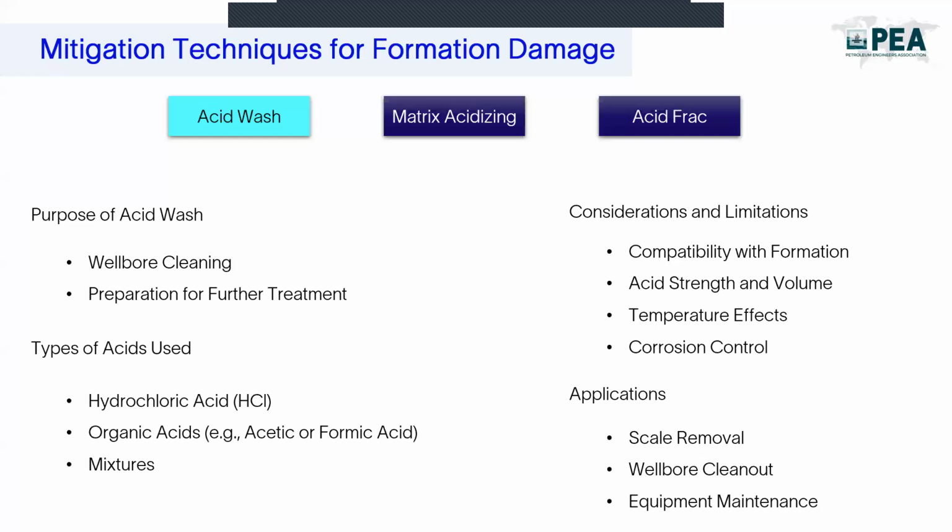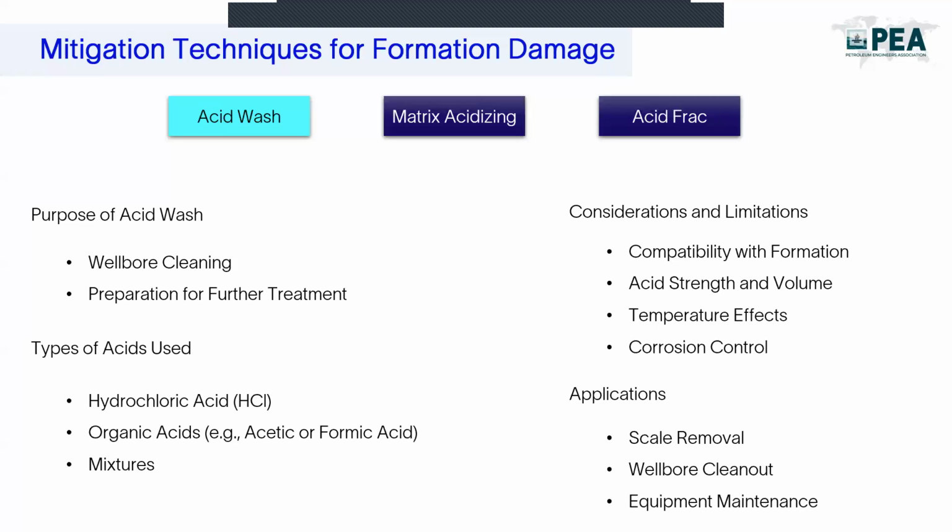For example, temperature control or the use of acid retarders may be necessary, because the higher the temperature, the faster the reactions. And sometimes when it reacts so fast, it does not react with the whole scale that you have, and eventually will not be very effective.